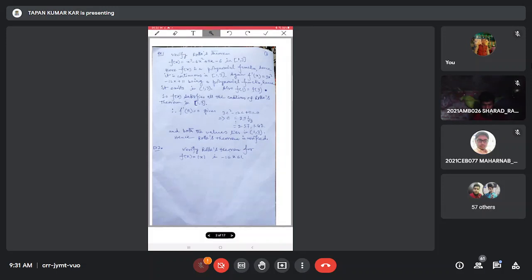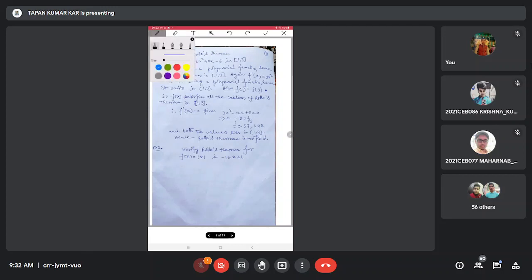Derivative exists or not in the open interval. f(a) equal to f(b) or not. If these three conditions are satisfied, then you have to find whether there exists any value of x between a and b at which the derivative is 0, and that is happened here. So the Rolle's theorem is verified, and this value this.